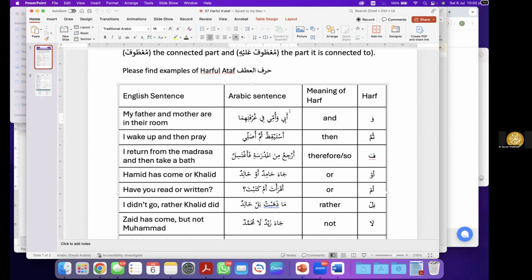Now, Sister Selina, what do you see in common here between this ma'tuf, harful ataf, and ma'tuf ala? Abi wa ummi. What do you see common here?